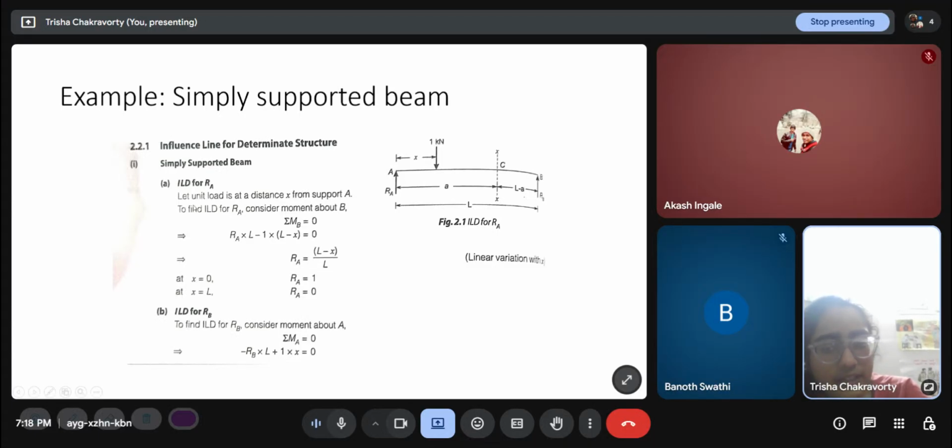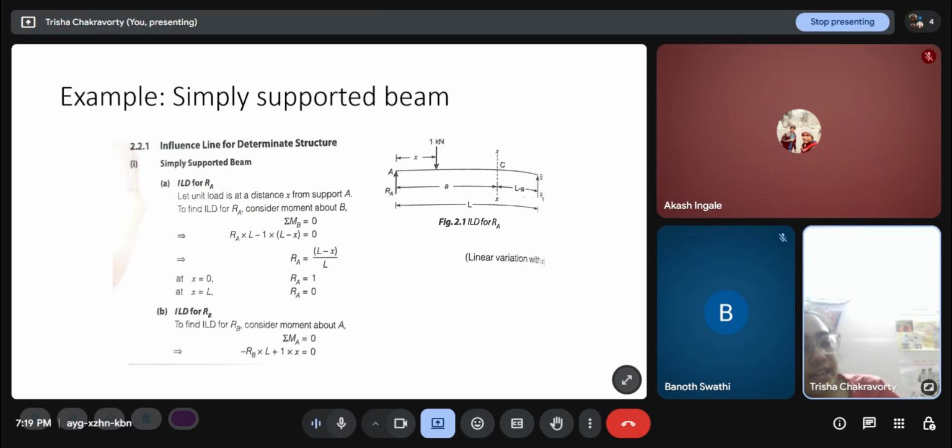So how do we do that? Just like we do for BMD and SFD, we take a section X and put the 1 kilonewton load at a distance X from A. Let the unit load be at a distance X from support A. To find the ILD for RA, consider the moment about B. So sigma MB equal to 0.